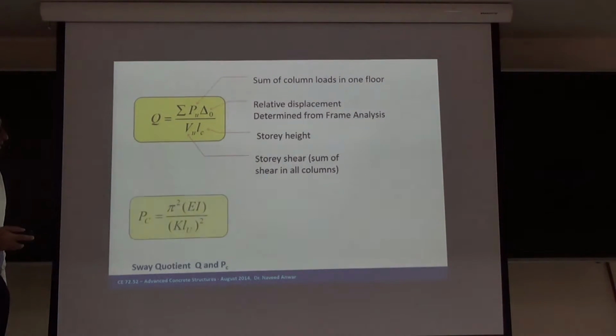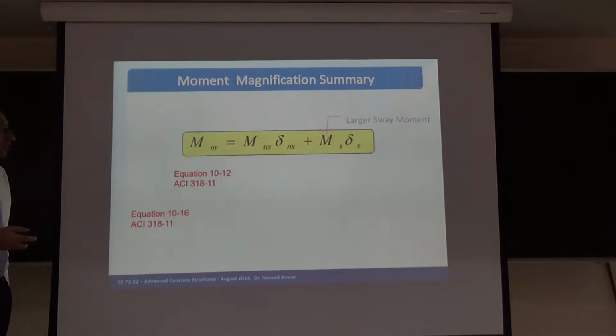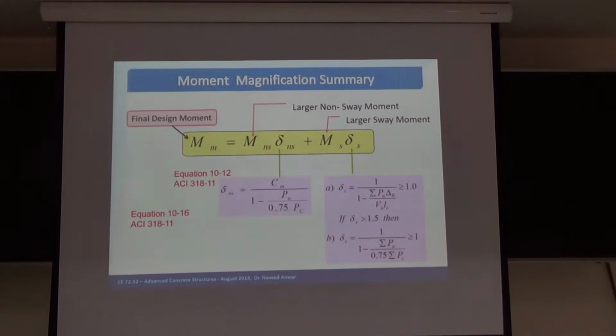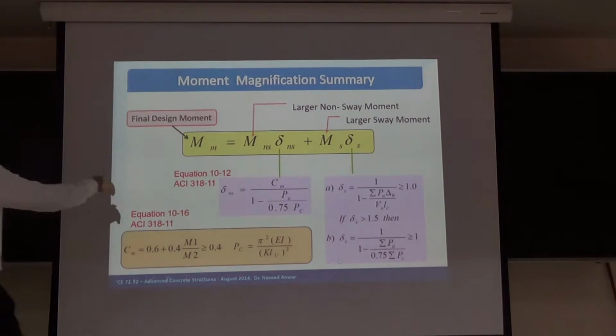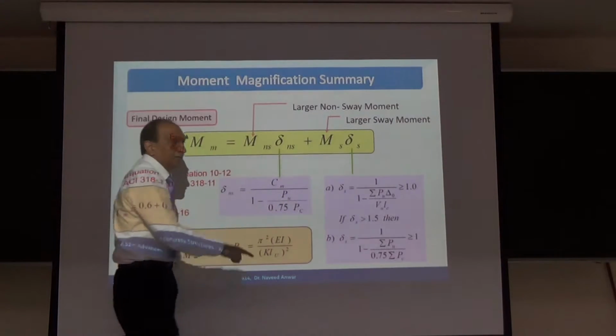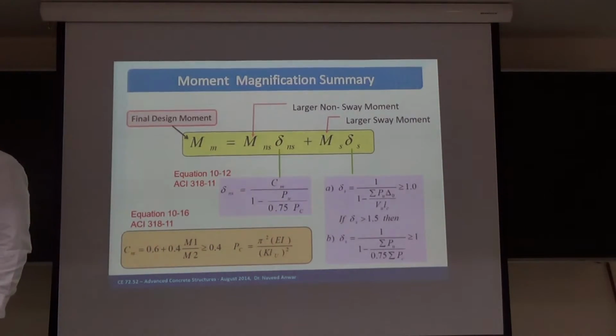So you can see from there, and PC is like that, flexural stiffness. So now we have a complete picture of the entire procedure on one slide, right? Everything is there.